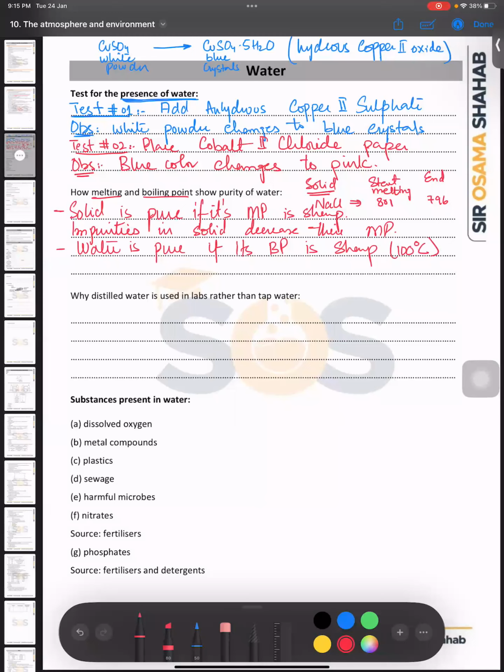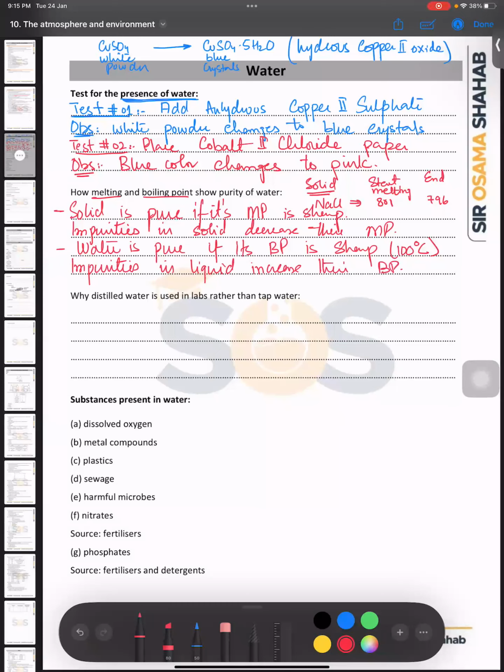And you need to keep remember for any liquid, if there are some impurities in that liquid, it is going to increase the boiling point of that liquid. So impurities in liquid or in water, whatever, increase, not decrease this time, increase their boiling point, right?